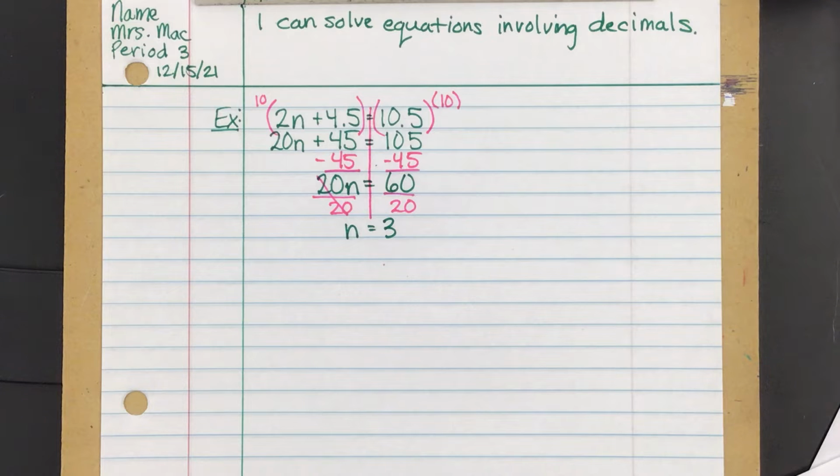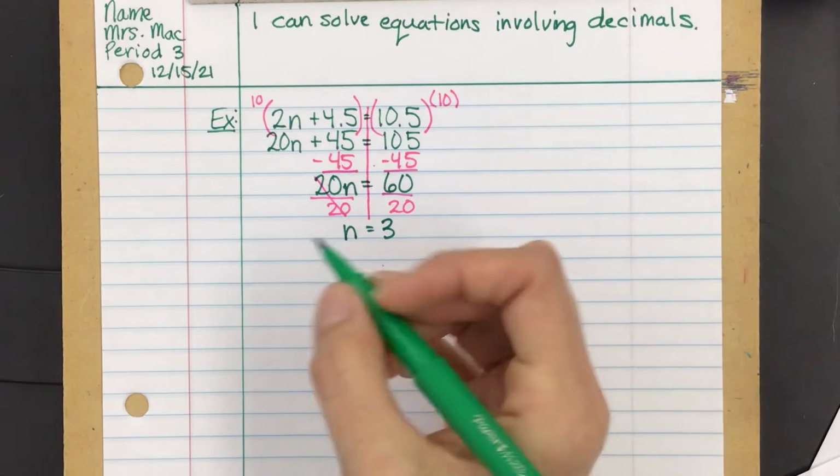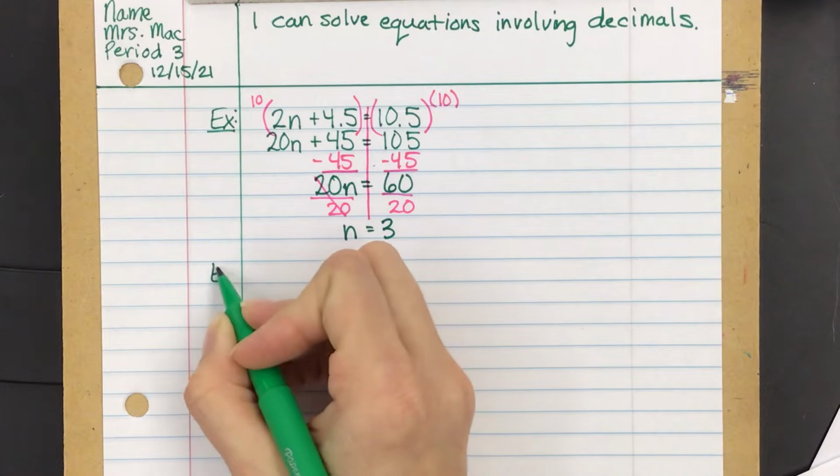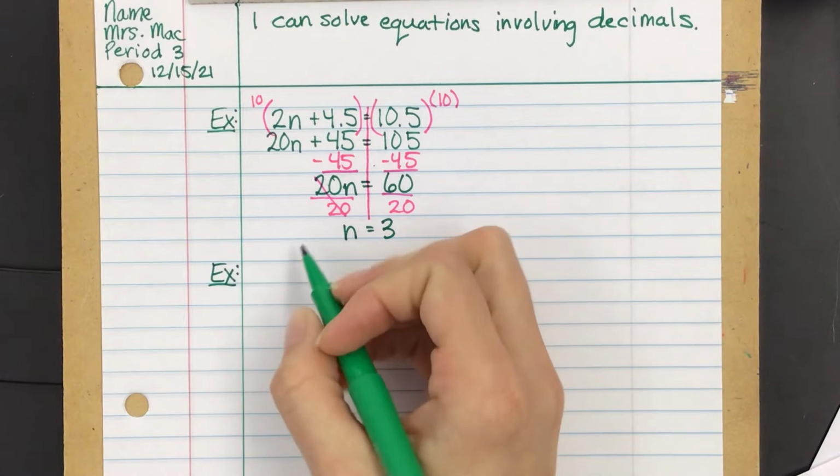Okay. Let's take a look at another problem then, because I want you to see that we're going to have to sometimes use different powers of 10. So let's take a look at this next problem.